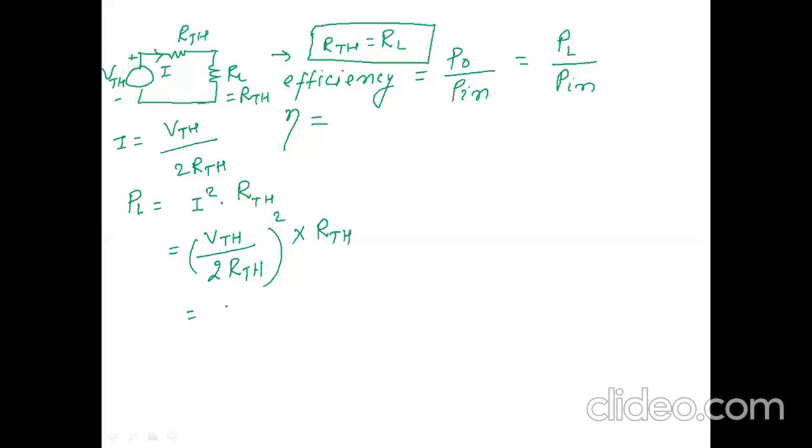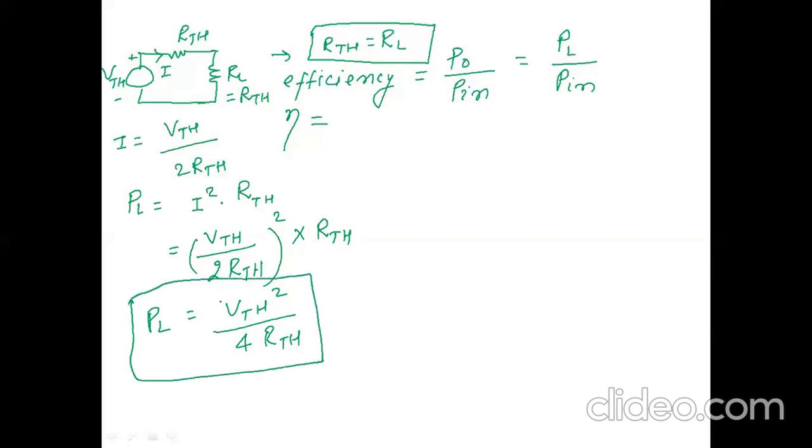So it will be equal to VTH square divided by 4 RTH. Here RTH square will be there, but RTH cancels out, so 4 RTH. So PL, load power or output power relation is this.